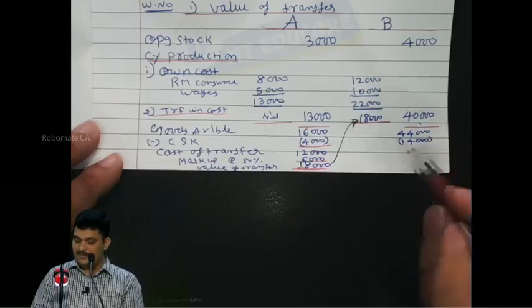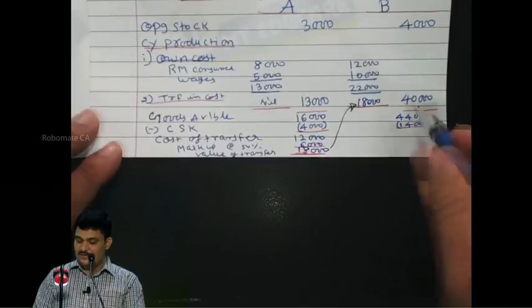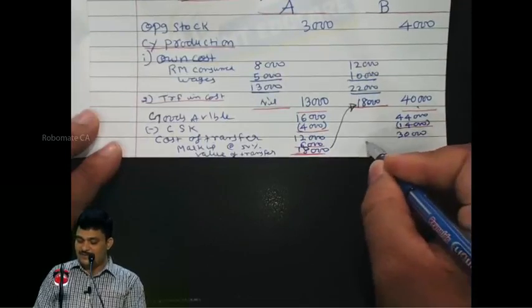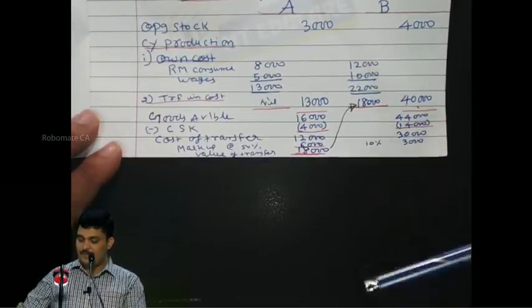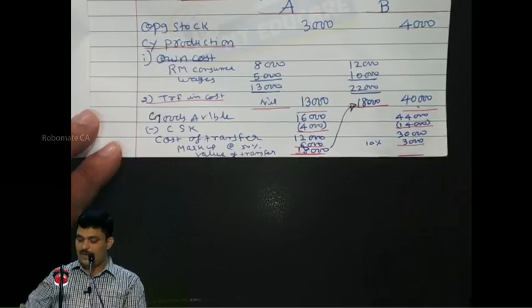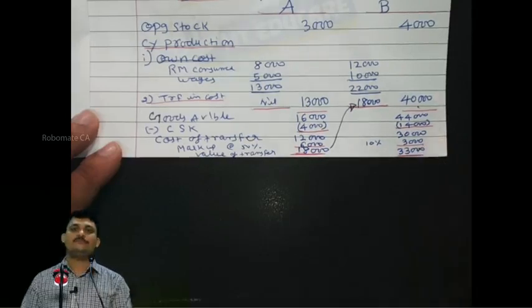We find cost price of transfer is 30,000. Margin is 10%. So value of transfer is 33,000.